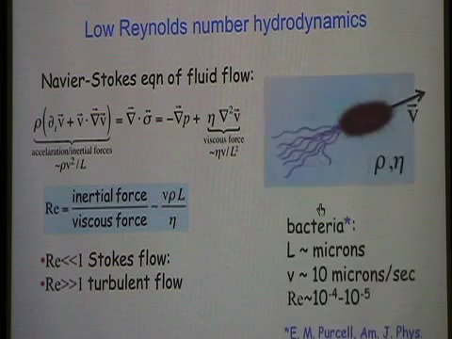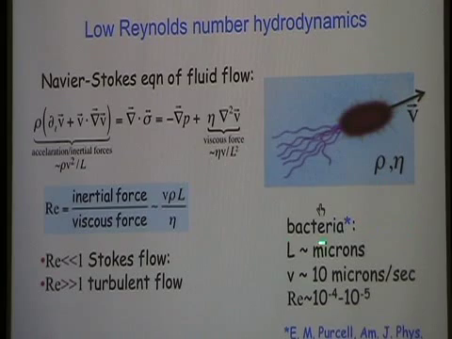Now, in the kind of systems I've been interested in, such as the bacteria, the numbers that are relevant here are the size of the object, which is microns, even longer if you're worried about cytoskeletal filaments. The velocities we're talking about are at most 10 microns per second, usually actually less. If you put in some numbers, say you're swimming in water, you will calculate a Reynolds number of the order of 10 to the minus 4, 10 to the minus 5.